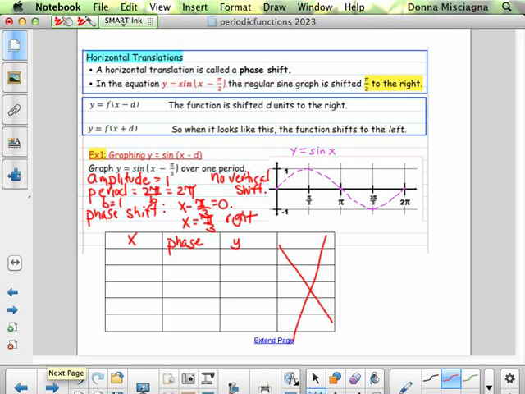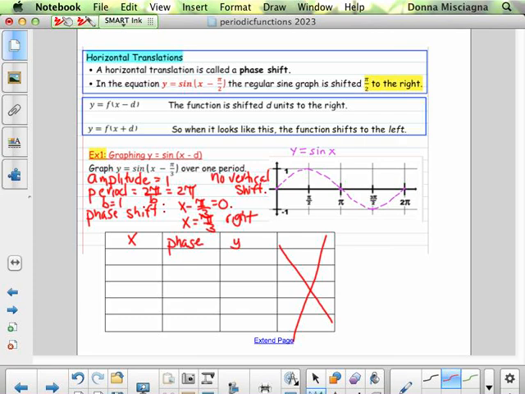Usually, once we've done all of the different types of functions, I'll give you a table that has all 6 columns: x, period, phase, y, amplitude, and vertical. You would just put an x through it if there just wasn't that type of transformation. So if I had 6 columns, I'd be putting an x through period, amplitude change, and vertical shift.